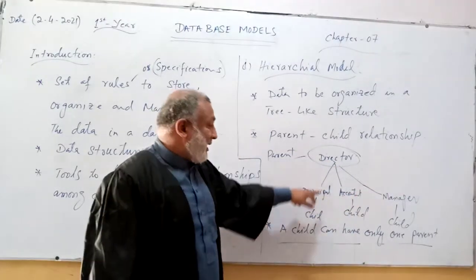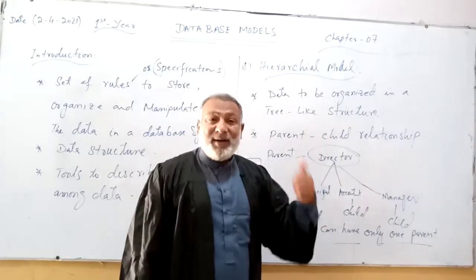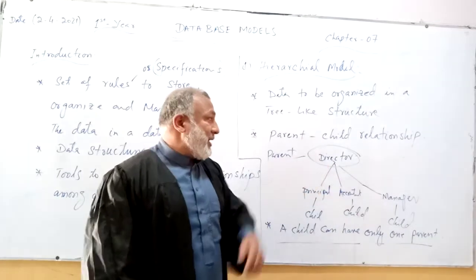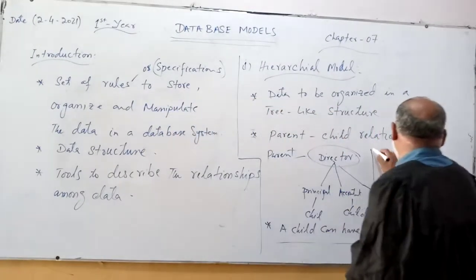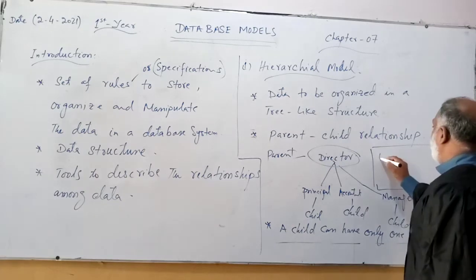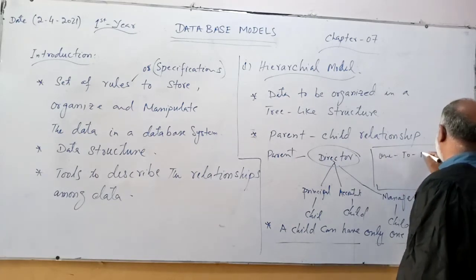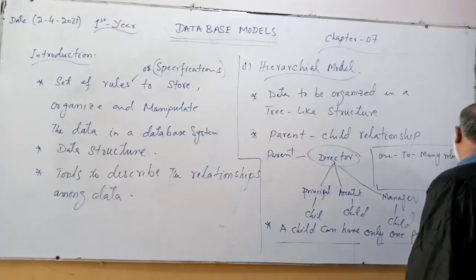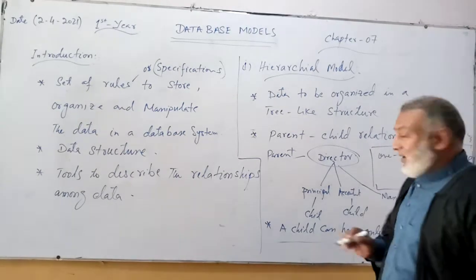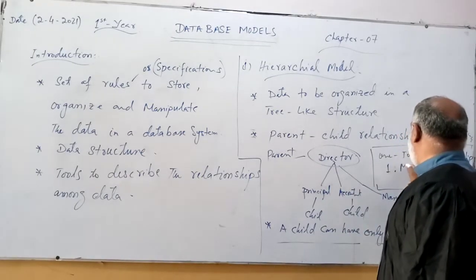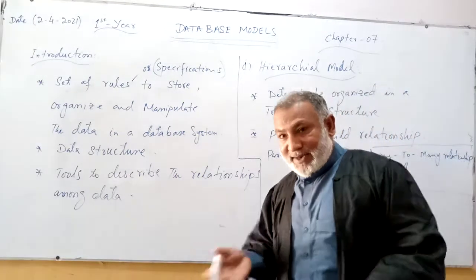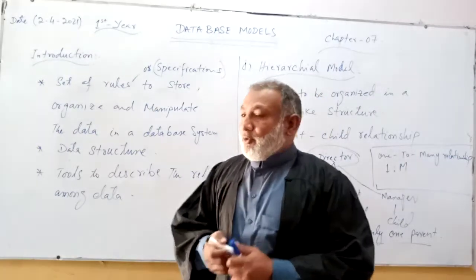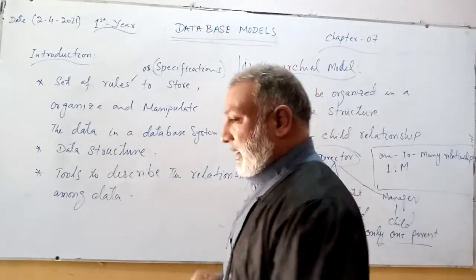So each child can have only one parent, where a parent can have many children. This is called a one-to-many relationship, where the parent can only be one and there can be many children, or a single child. So this is the concept of the hierarchical model.